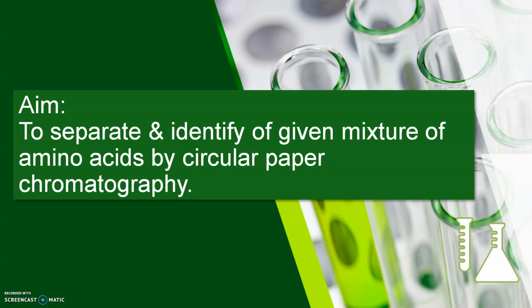The aim of today's practical is to separate and identify the given mixture of amino acids by circular paper chromatography. We want to know how to perform this circular paper chromatography.